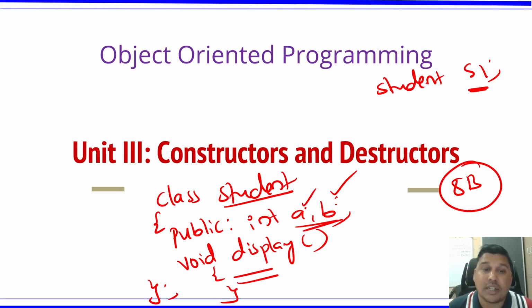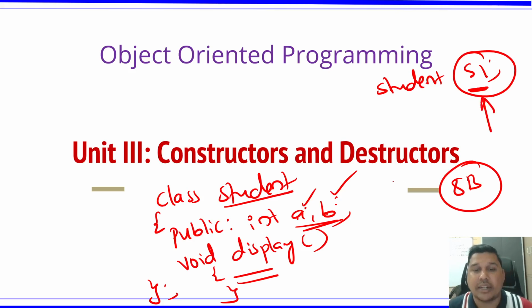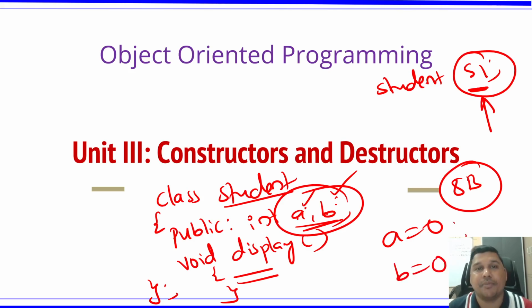So as soon as I create an object s1, I want these two variables a and b to have some default values in them. Instead of garbage, I want to put a equal to 0 and b equal to 0 initially.